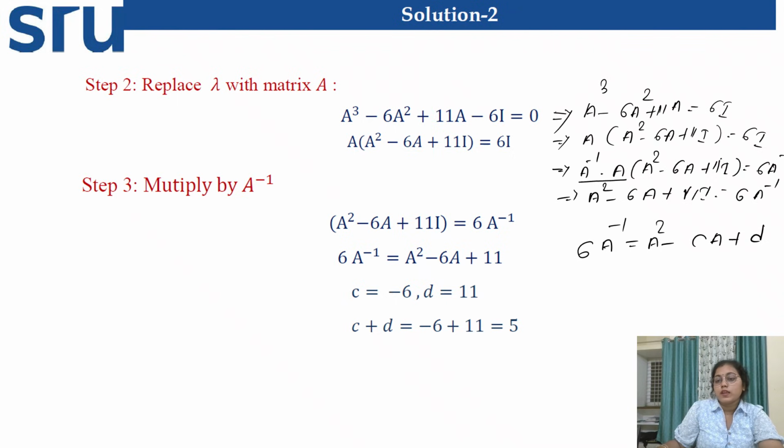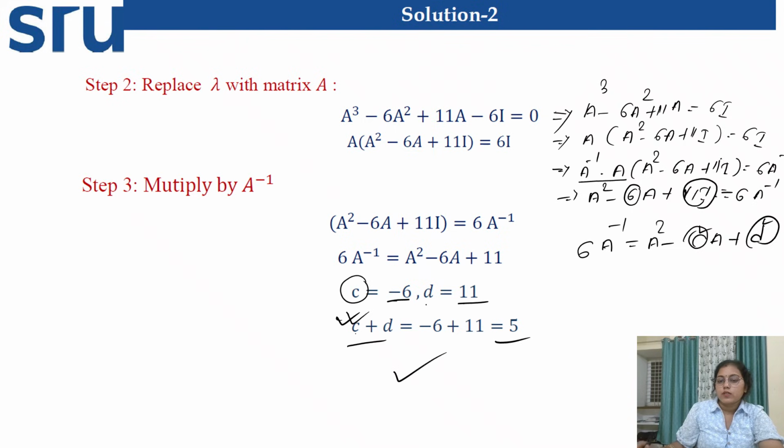Now you have to find the value of C and D. Look here, this place is nothing but your C value, and this place 11I means 11, that is your D. So in this manner, C equals minus 6, D equals 11. Now you have to calculate C plus D. It is very easy. Putting C as minus 6 and D as 11, you get C plus D equal to 5.